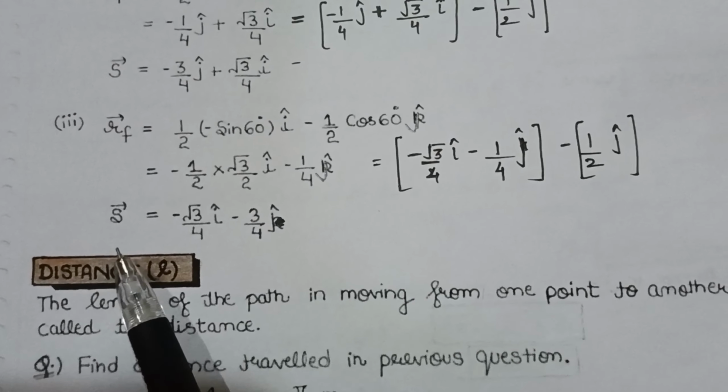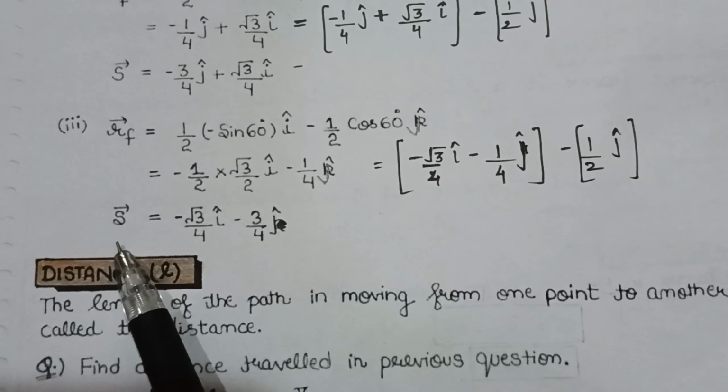So the displacement vector is equal to minus root 3/4 i cap minus 3/4 j cap.